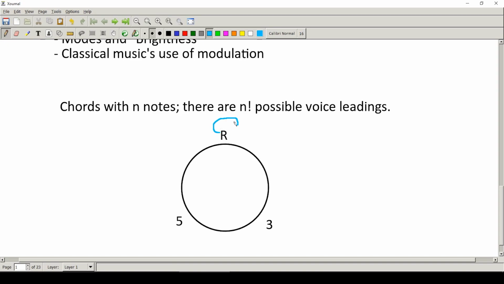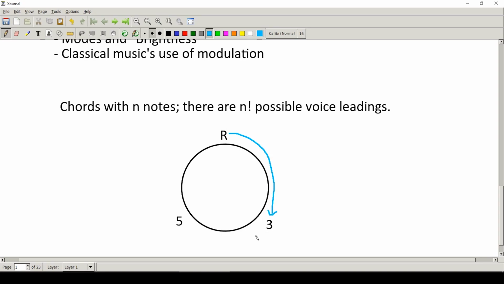So for instance, there are some voice leadings that keep the root the same, the third the same, and the fifth the same, that they just send each part of the chord to basically the same part of the chord. That's not always true, though. Sometimes it's more efficient to send the root of a chord to the third of the chord.